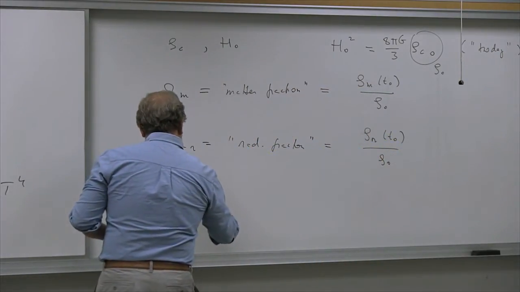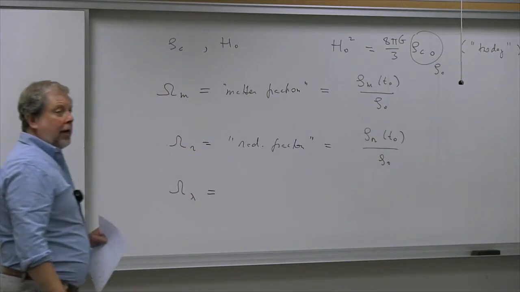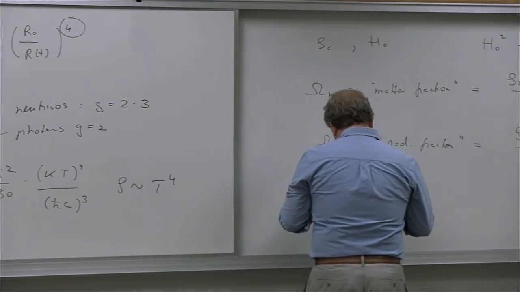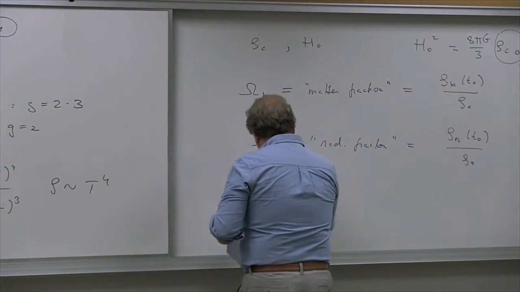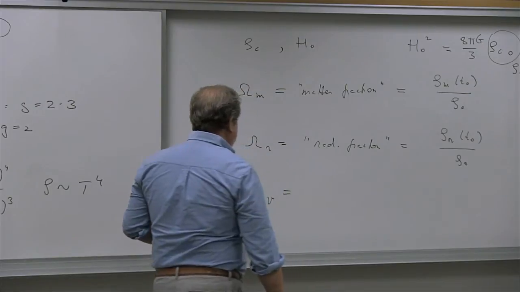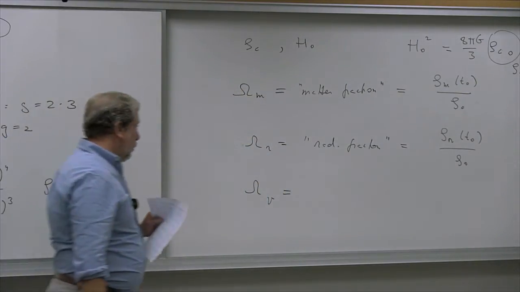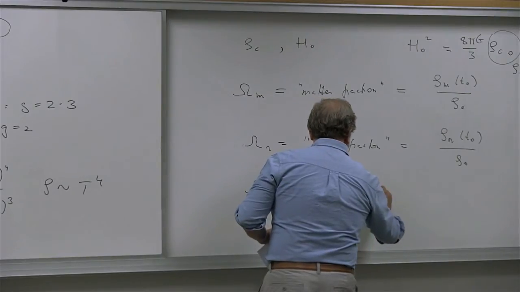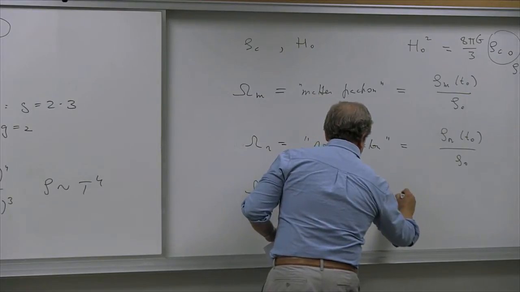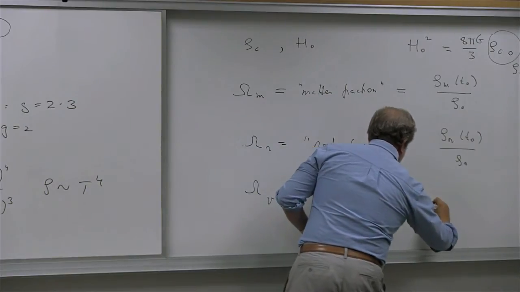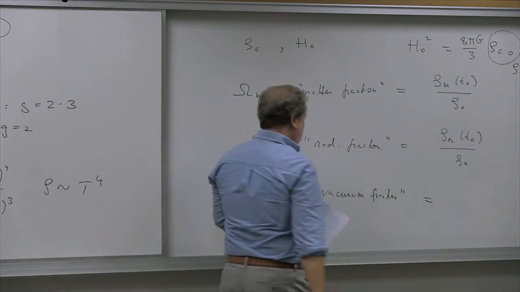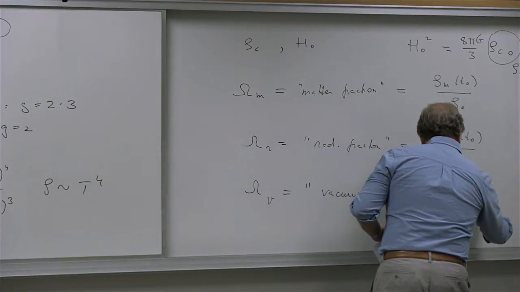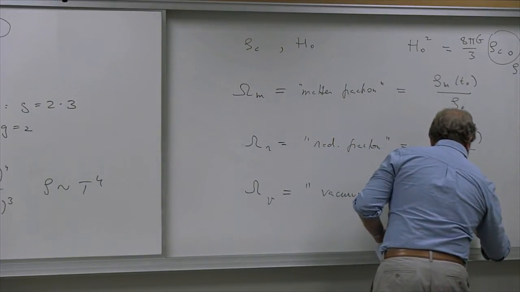And finally, the cosmological constant can be forced to have the same form. We're going to write omega lambda as omega v, v for vacuum, the vacuum fraction. So that is rho lambda, or rho v, today divided by rho naught.